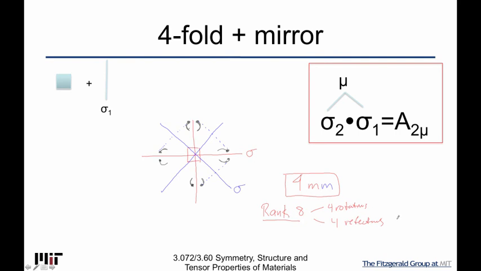So we saw that a twofold axis had 2 elements in the group, and a threefold rotational element had 3. So you know right away that the 4 is going to produce 4, and then you get 2 mirror planes for each one of the distinct ones. So there's 4, so 2 of the reflections are red, 2 are blue, and then the rotations are just the 4 angles from the rotational axis. Okay?